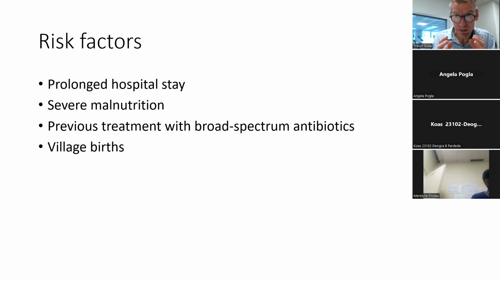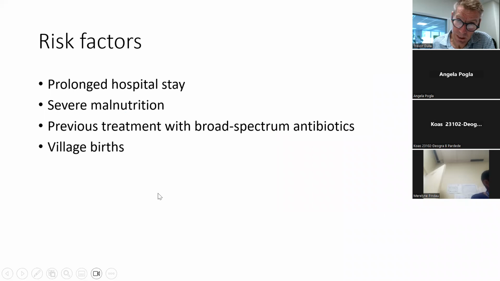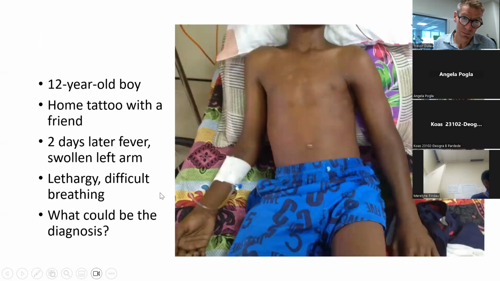When we are seeing a patient, we should consider whether the infection is likely to be resistant or not resistant. And most infections, fortunately, won't be resistant. Like what I noticed back in the 1990s, only 2% of our admissions had resistant bacteria, but they caused 25% of our deaths. So it's a minority of patients, but a majority of deaths. So we need to be able to recognize those risk factors for resistant bacterial infection and then act upon that.